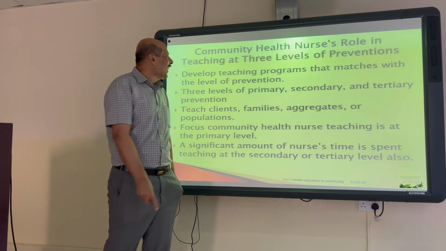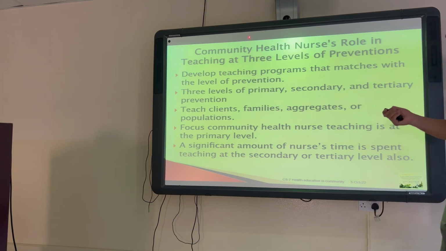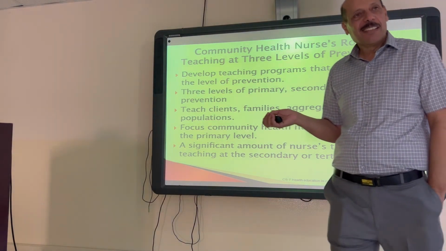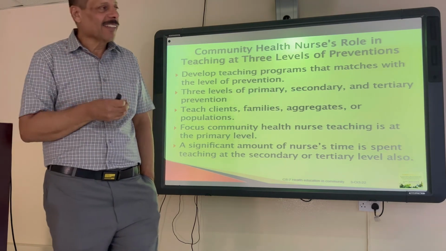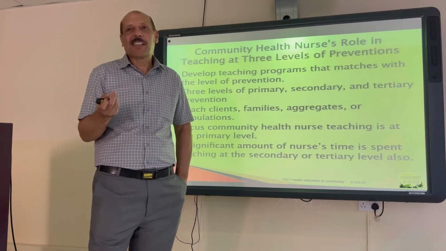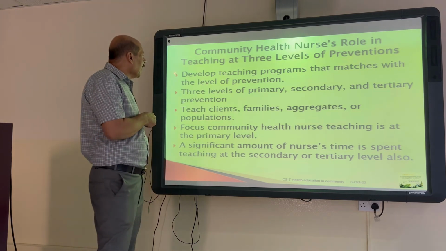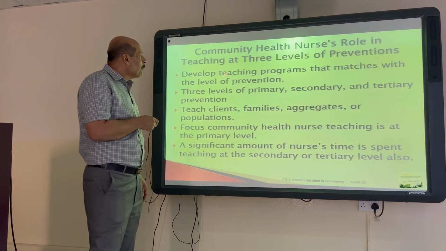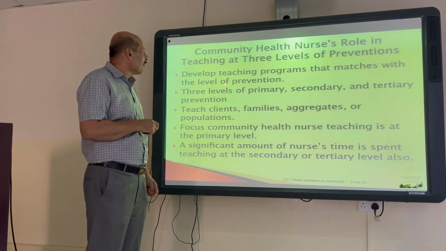So, the community health nurse role in teaching at 3 levels of prevention. What are the 3 levels of prevention? Primary, secondary, and tertiary. Primary, it includes what mostly? Health education, promotion. So, develop teaching programs that match the level of prevention.